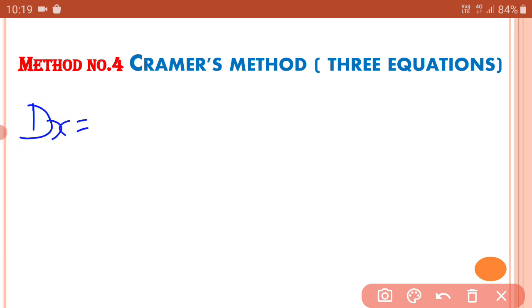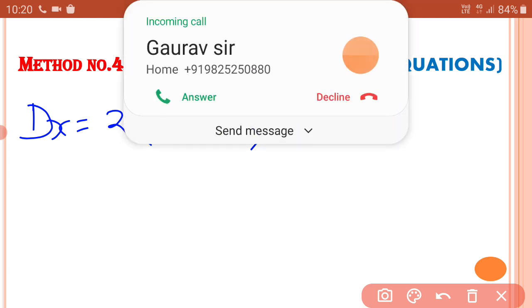dx is equal to 2 into bracket, 12 minus 12, and 7 into minus 7, and here again there is a minus sign, so plus 7, then minus 3.